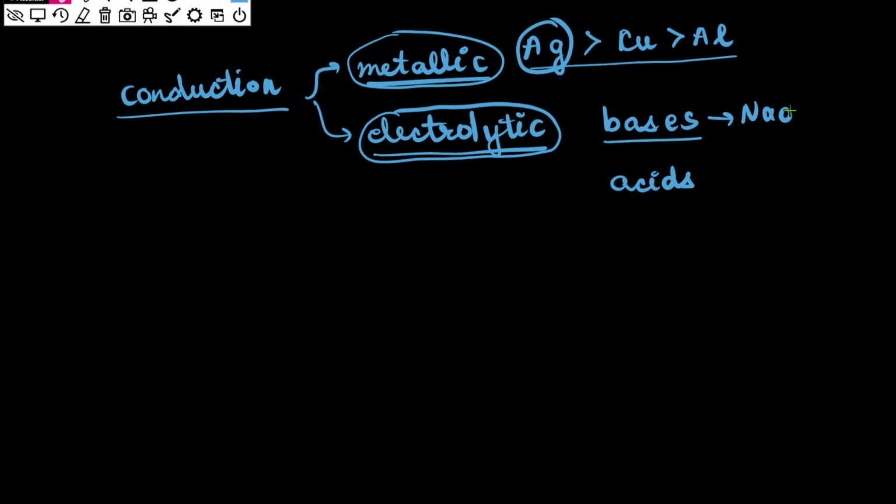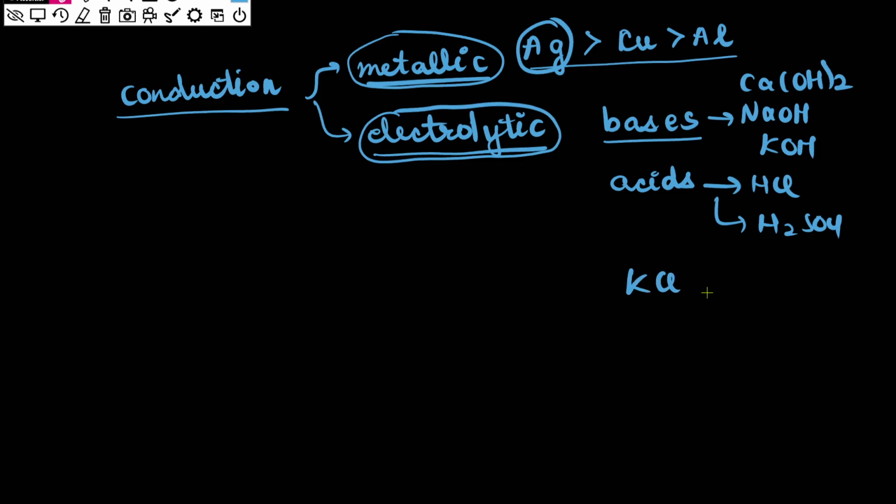NaOH can be there. Similarly, Ca(OH)2 can be there, KOH. Here we have HCl. Here we also have H2SO4. So these are the strong acids and strong bases. Even strong salts like KCl or other salts, for example NaCl.